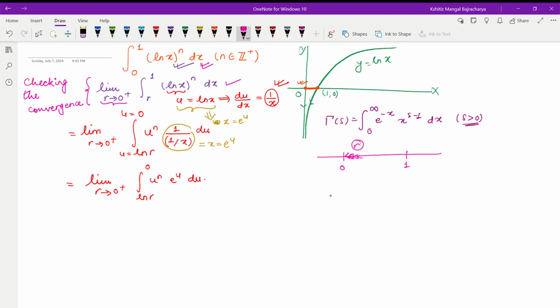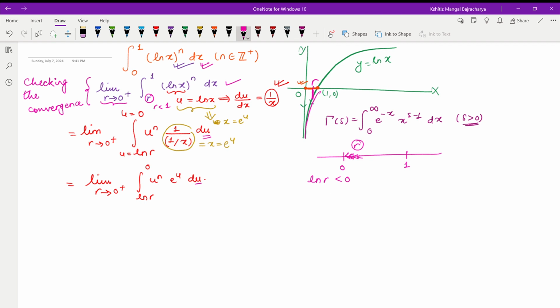Let's take r less than 1. Nothing wrong with that. So log r would be less than 0, as you can see here.